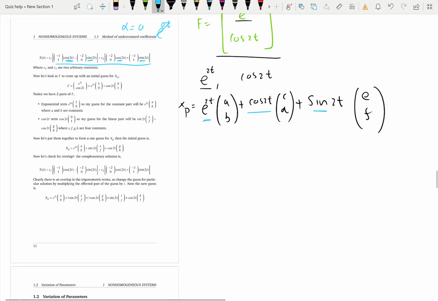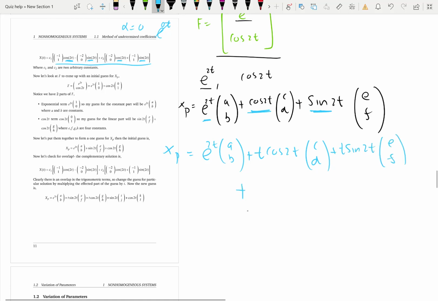Alright, so what do we do now? We multiply the part that is offended. That means here and here you multiply it by t. So let's write our new guess. E to the 2t ab, that's not offended, so it's like that. T times cosine 2t cd plus t times sine 2t ef. Now guess what?